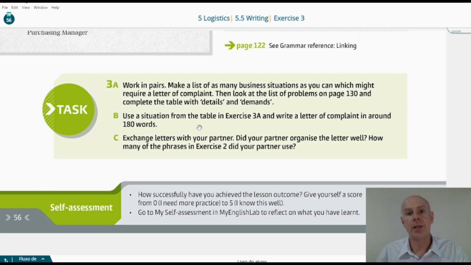And if you are part of a class, you could exchange letters with your partner, otherwise send to your teacher. Or why don't you write your letter of complaint in the comments? I will be really glad to read it and make a comment about it. It will be my pleasure.